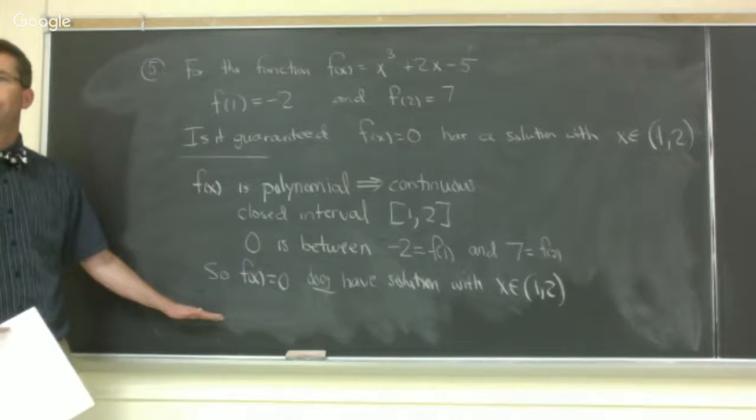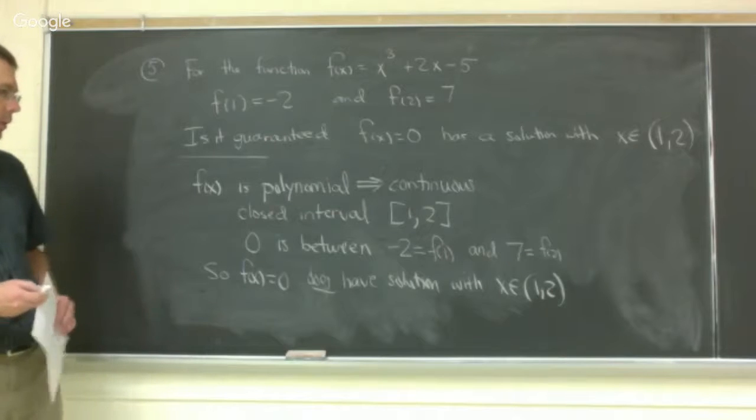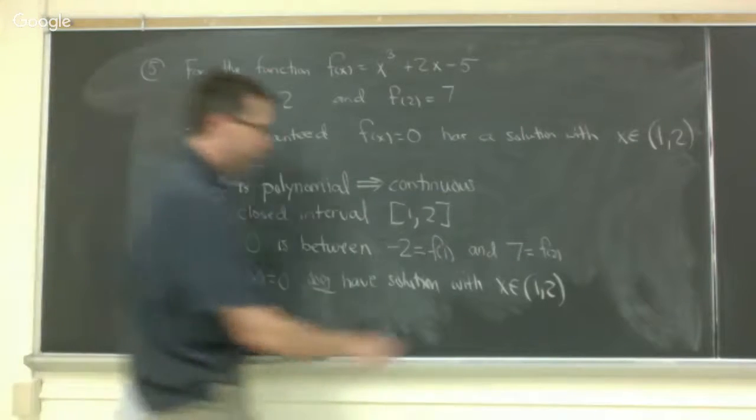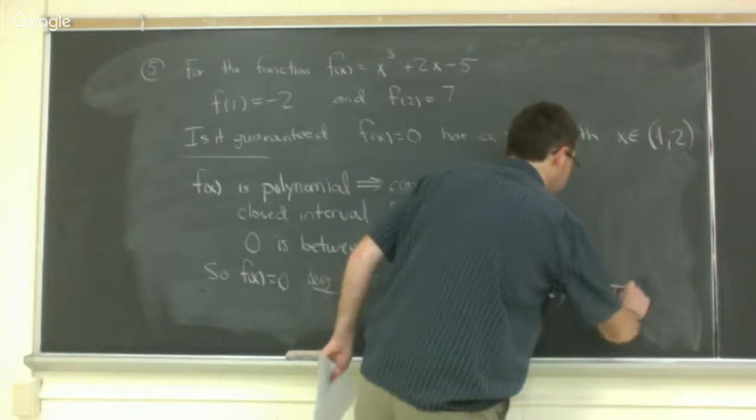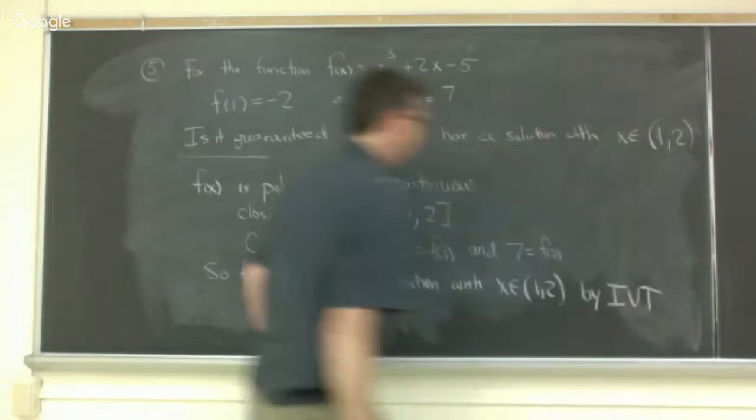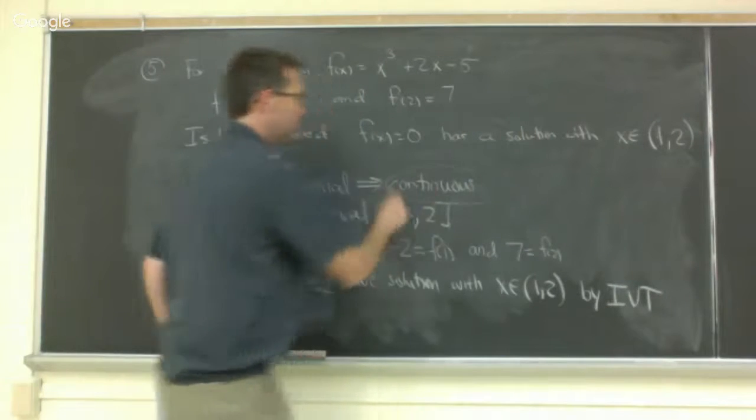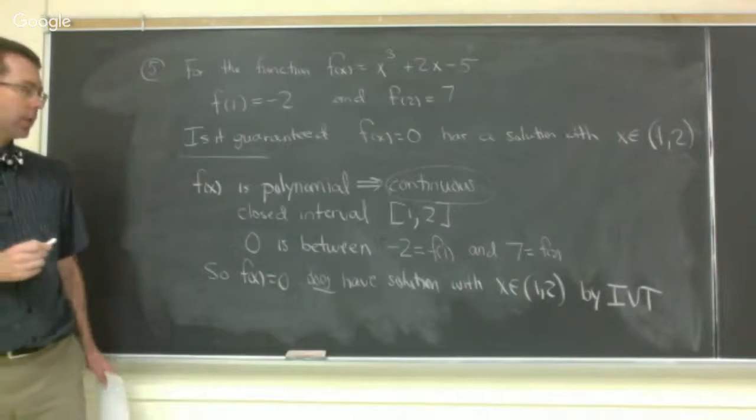So what are the key things that I'm looking for when using the, I should have said, the intermediate value theorem. I'm looking for you to point out that the function is continuous.